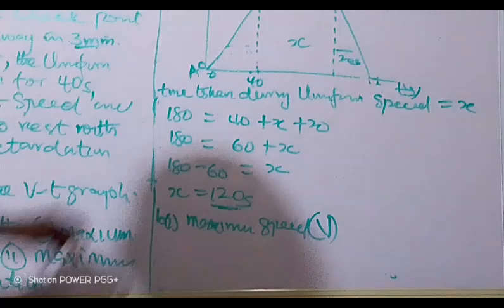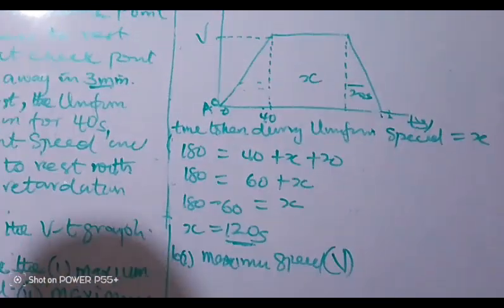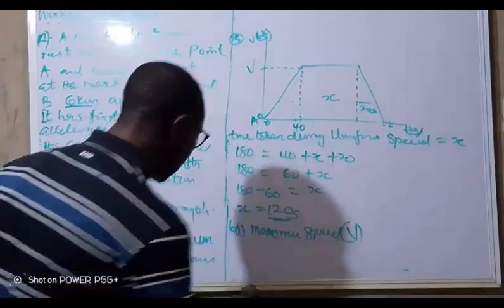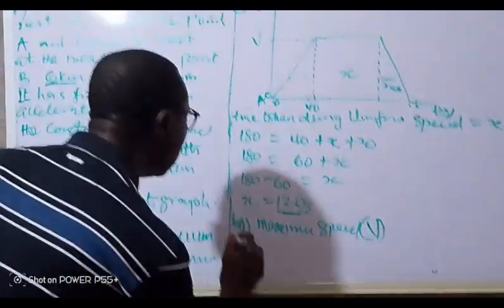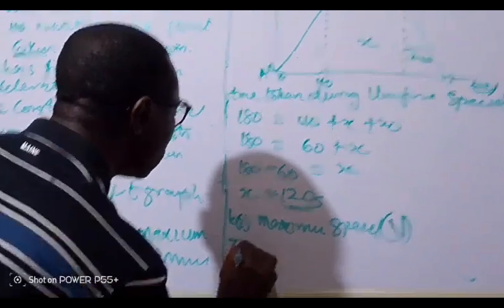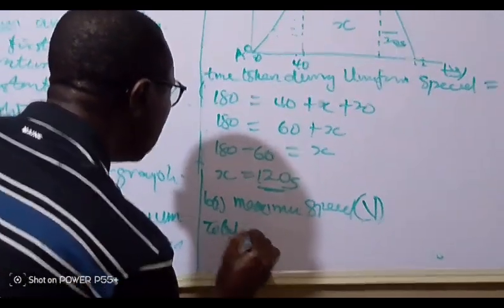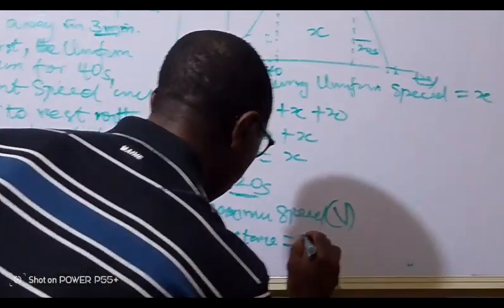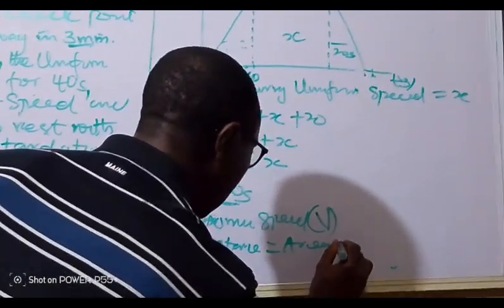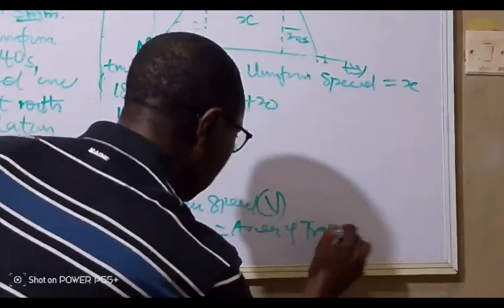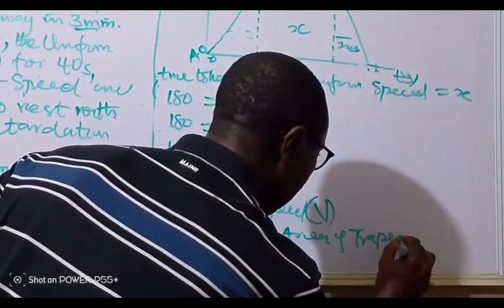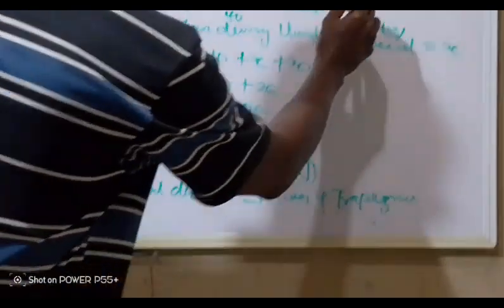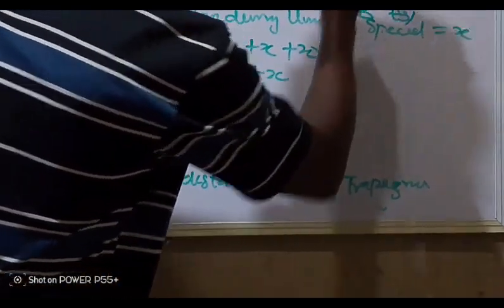So to find maximum speed from this velocity time graph, this shape is a trapezium. We can now say the total distance traveled is equal to the area of trapezium. According to this, this is point A and this is point B, where it comes to rest.